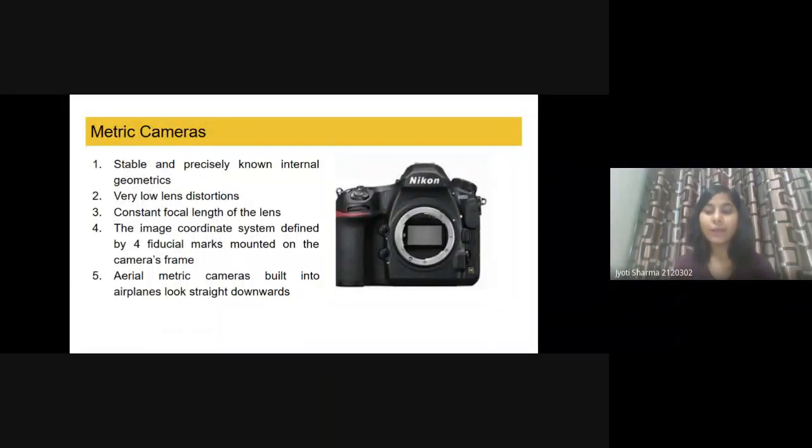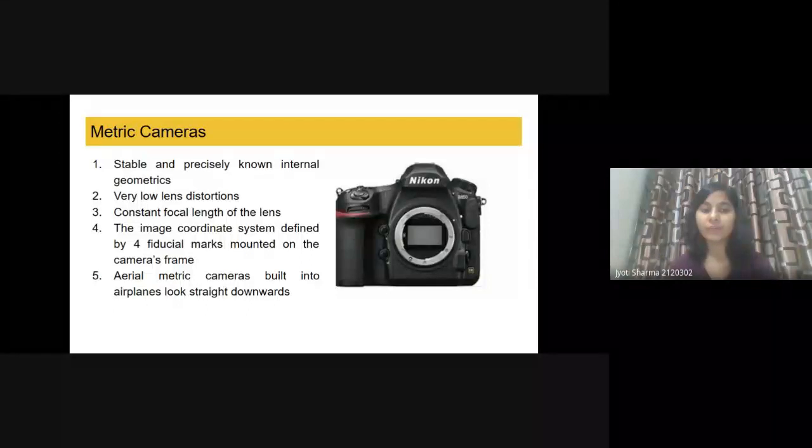If the internal geometry, meaning focal length, shutter speed or ISO, is not fixed, then it would be very difficult to measure distance with the image only. So if you want to measure something just using the image, then that camera should be metric, meaning the internal geometry should be fixed.